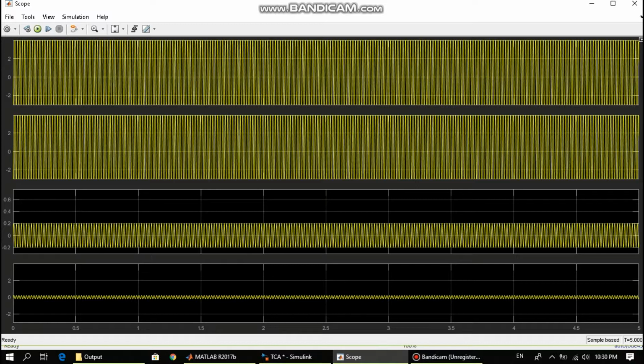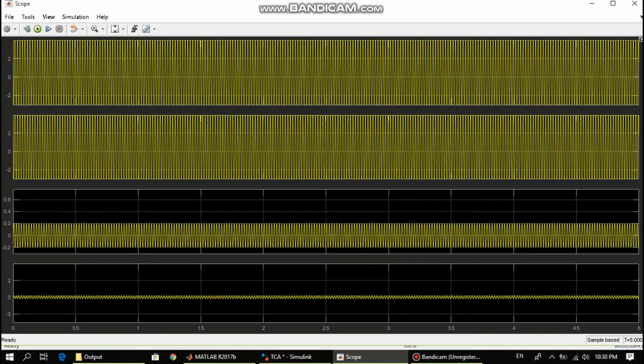The upper part of the waveform is the 10 ohm resistor waveform, and below it is the capacitor waveform, followed by the inductor and the 5 ohm resistor.